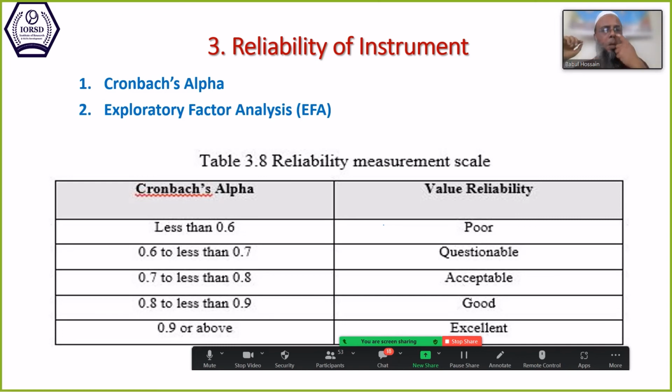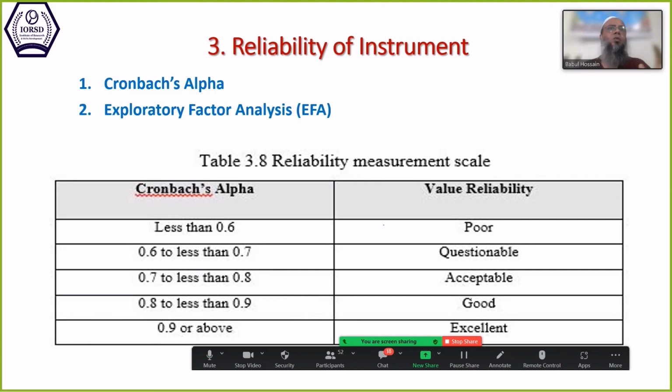Welcome. So what is the difference between the pilot test and the pre-test? In the pre-test, we validate the questions and we validate the variable. We check whether there is any double-barrelled question, whether it is easy to understand, whether there is no ambiguity, and whether these items represent the variables or not.